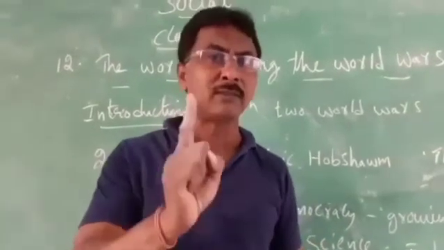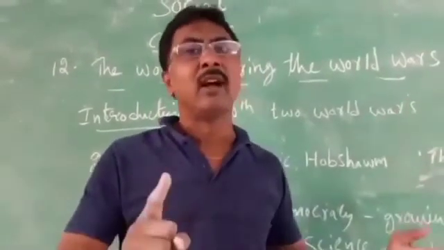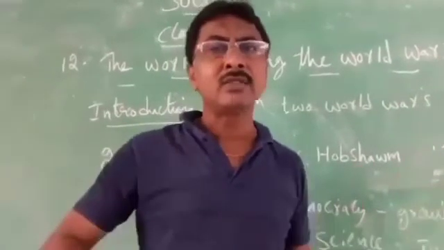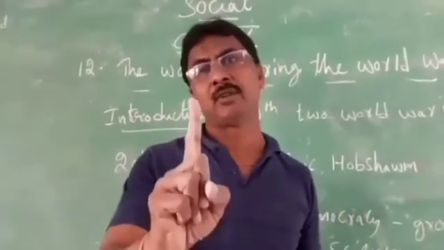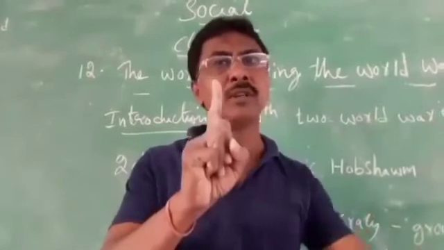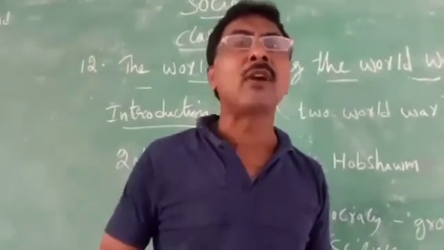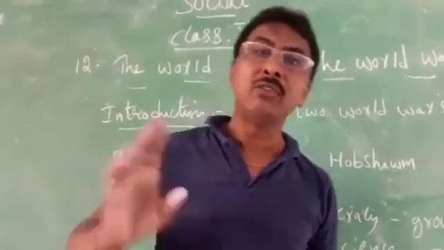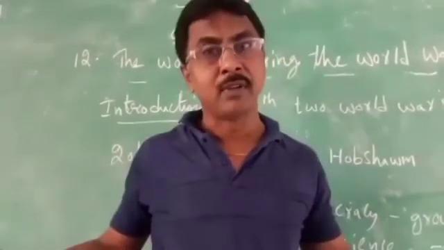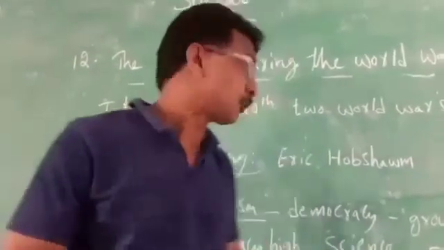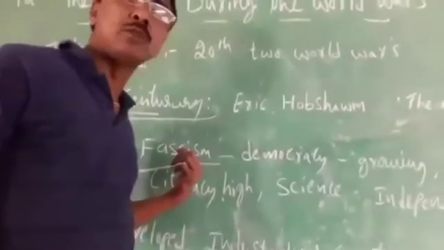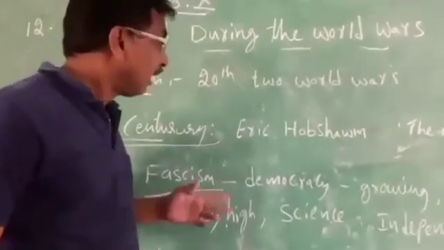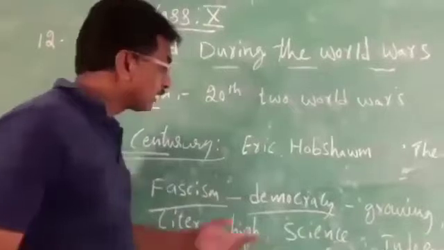A country should be ruled by only one person, and everybody should listen to this person. That type of ruling is called fascism. We call it monarchy, and you already know that the king's ruling has gone. After the king's ruling, some people said that fascism should be there, and some people wanted democracy, meaning people's ruling.